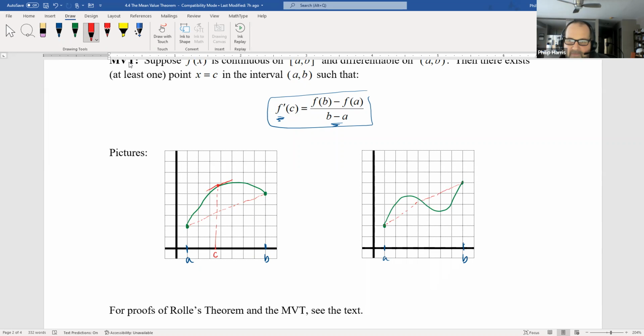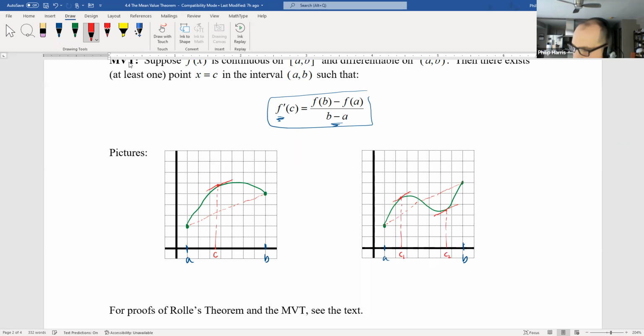And there would have to be places such as roughly here, it looks like, and roughly in here somewhere, it looks like. We must have places where our tangent slope becomes equal to the secant slope. So in this second picture, there are two such places where this could happen.